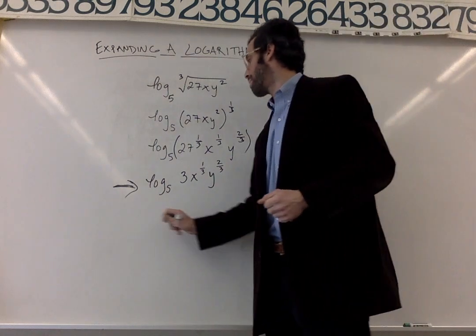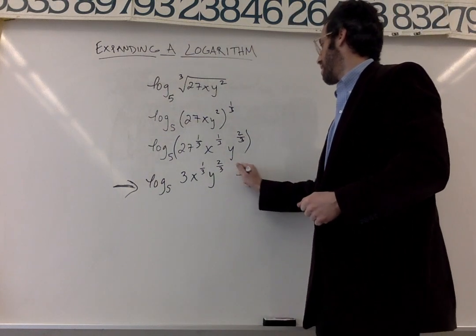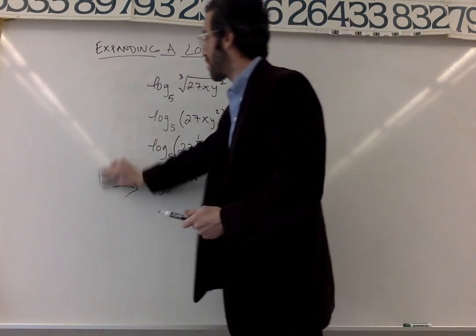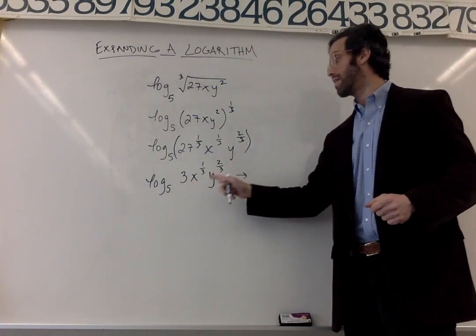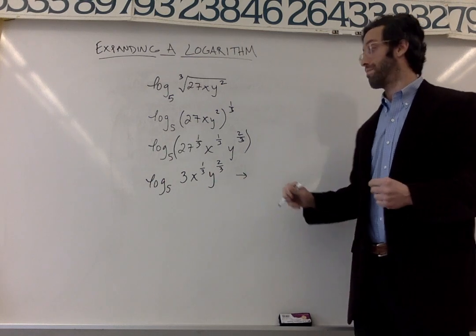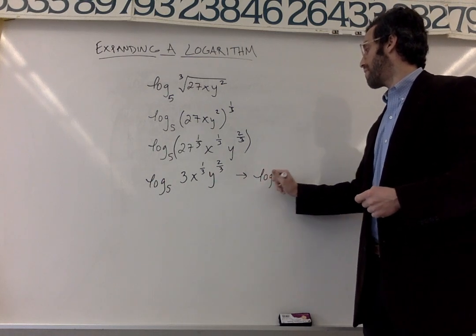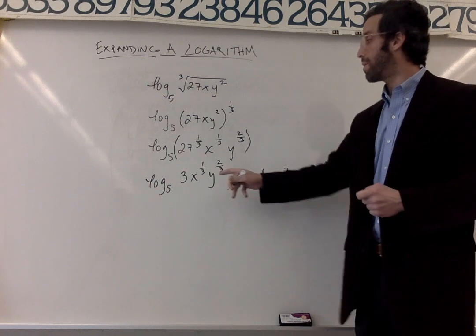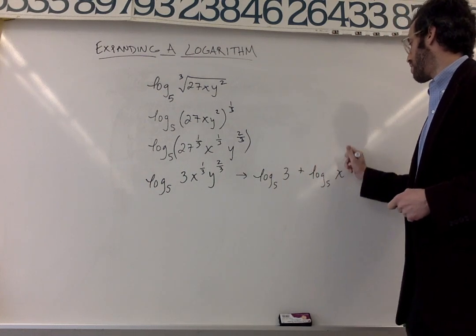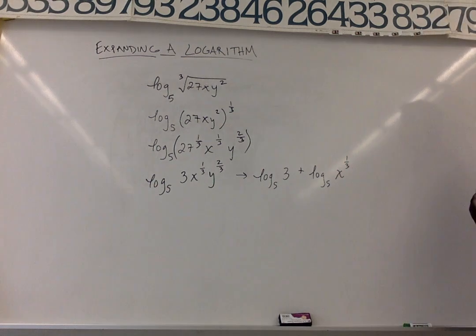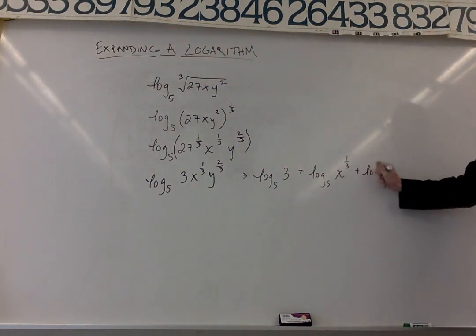Now we'll split this up, all right? So now I'm going to rewrite this as the sum of 3 different logarithms, all right? Every factor in the argument gets its own log, even the coefficient. So we have log base 5 of 3 plus log base 5 of x to the 1/3 plus log base 5 of y to the 2/3.